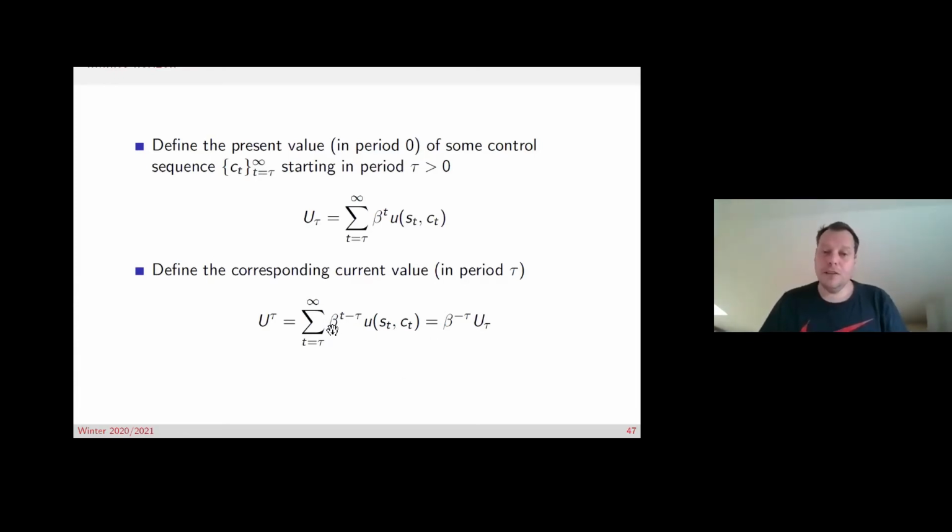And this is obviously this thing. Okay, so every utility stream that you would receive from there on is discounted to point in time 0. Okay, so the only difference basically between the two objectives is obviously your discounting.